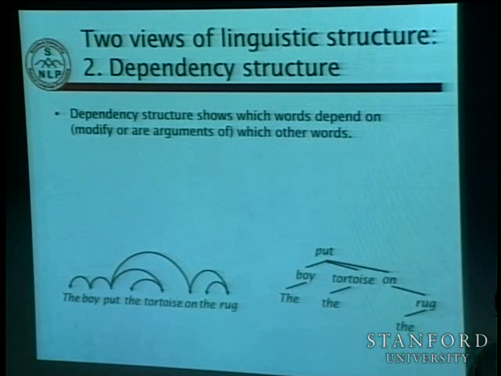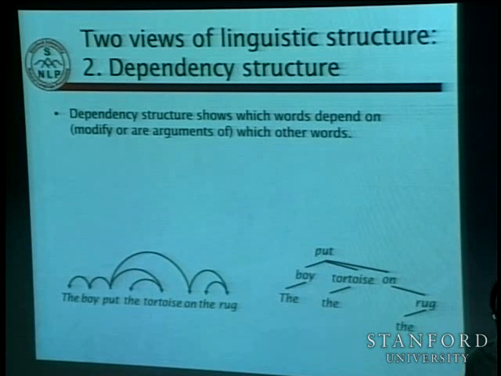The place that you get dependencies that cross is with special constructions like questions. So if you have a sentence like, what did you buy at the store yesterday? And you say, okay, what?